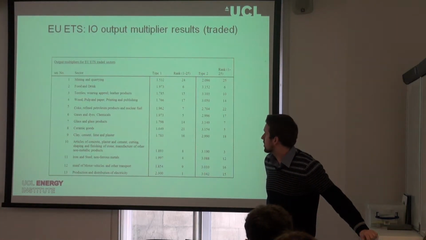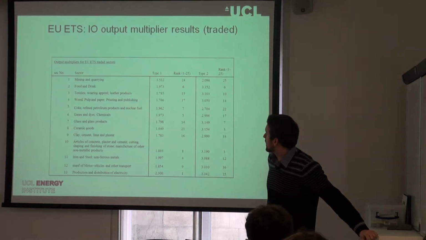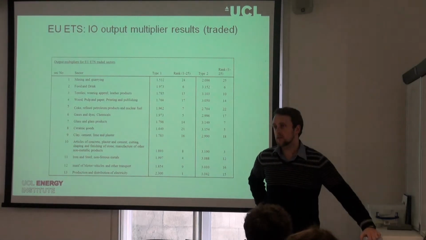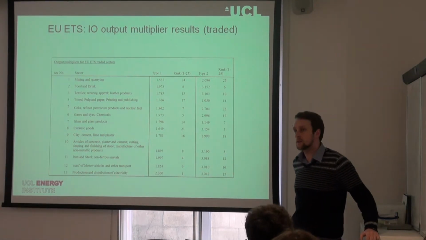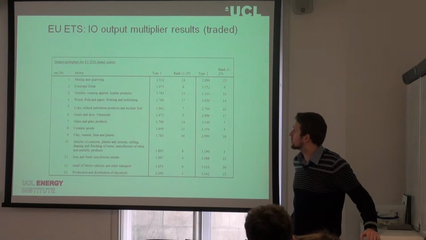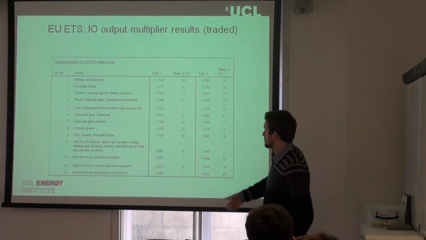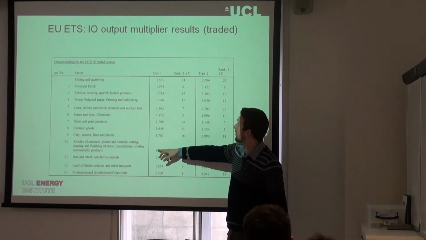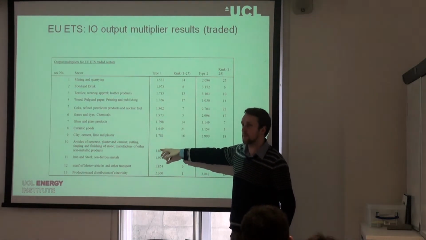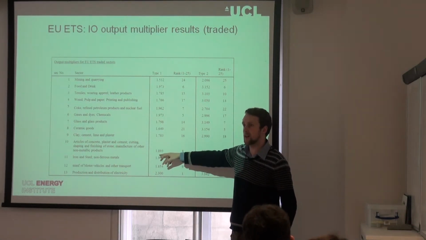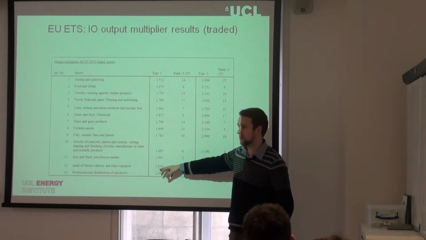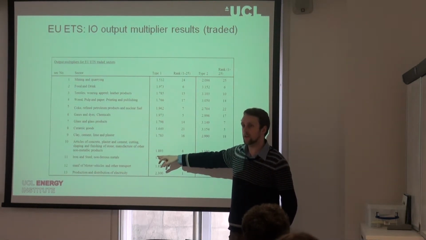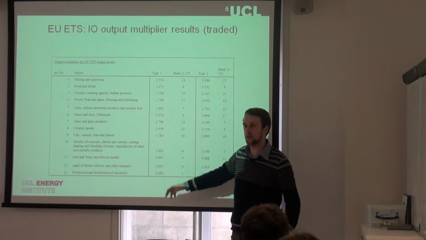You can see them there. So these are the type 1 and type 2 output multipliers for the traded sectors. As I said before, these tend to mean that if there's a 1% increase in final demand for these sectors, then this is the actual overall increase in output in the economy.